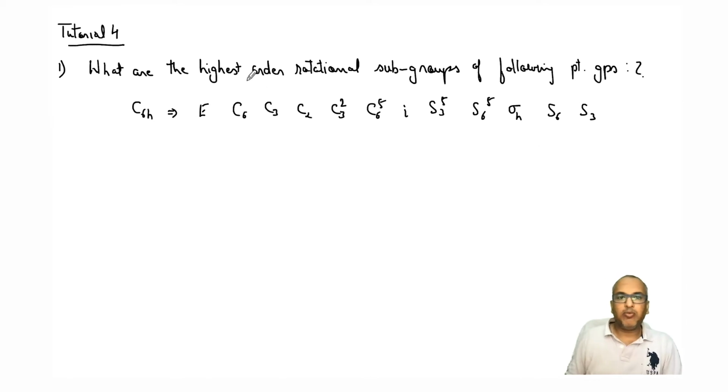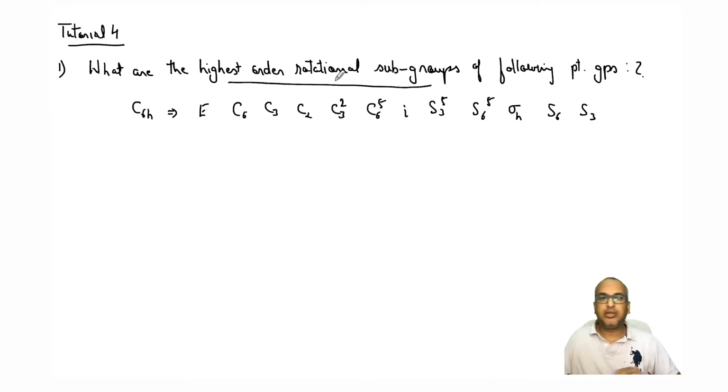Now it is saying, what is the highest order rotational subgroup. So for a rotational subgroup, you have to consider the rotational elements only. So which is the pure rotational axis, that is C6. So C6 is the highest order axis. So let us see if we generate all the operations from C6, do we get a subgroup out of this?